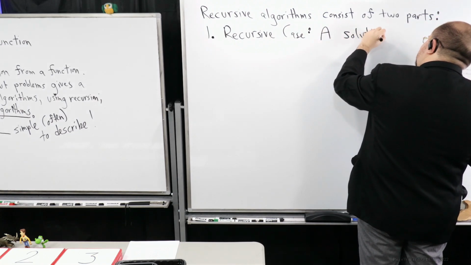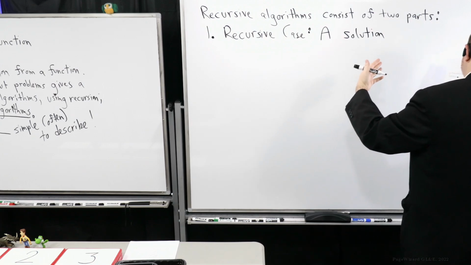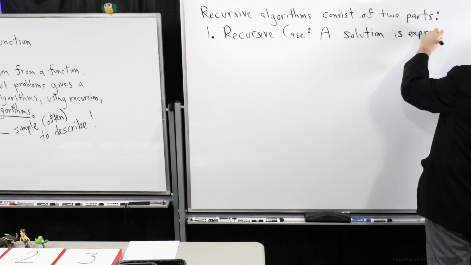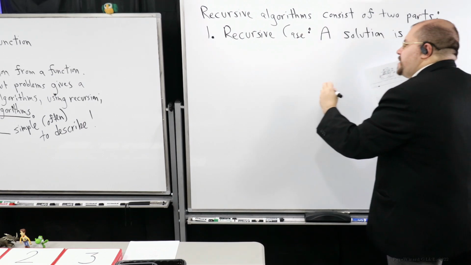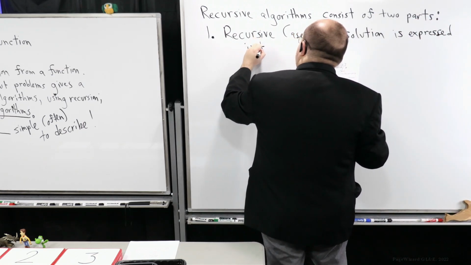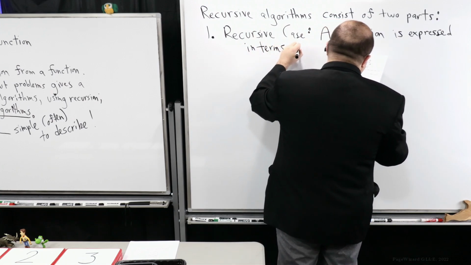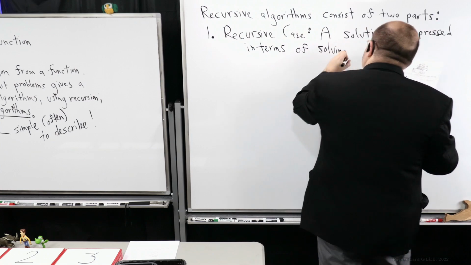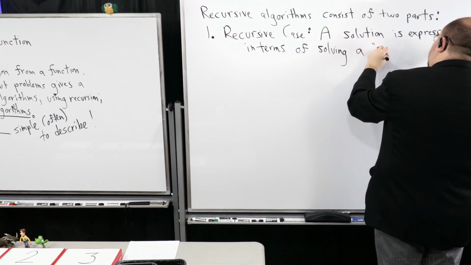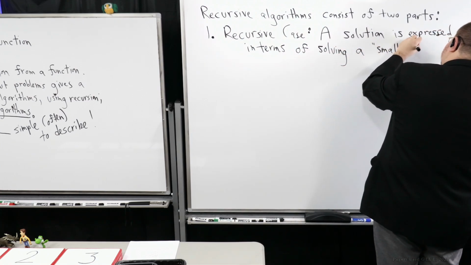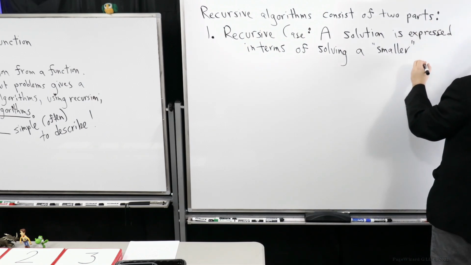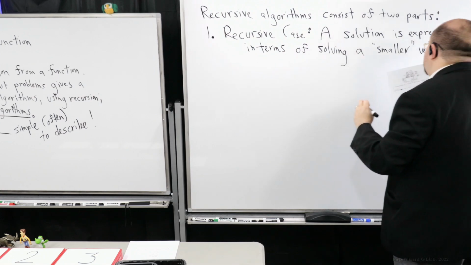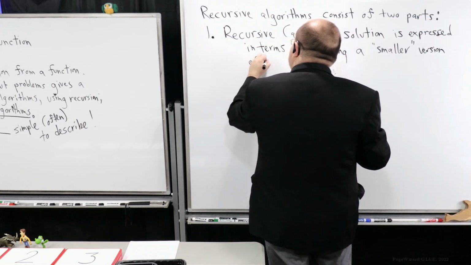This is where you have a solution. When you attempt to solve in the recursive case, a solution is expressed in terms of solving a smaller, and I use quotation marks around smaller, okay? A smaller version of the problem.